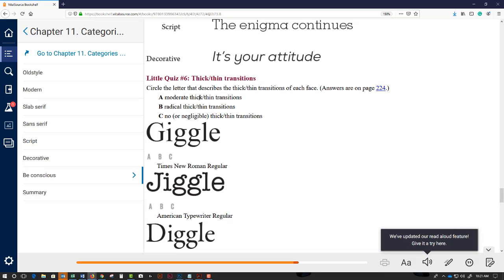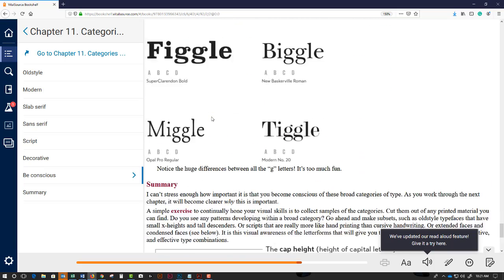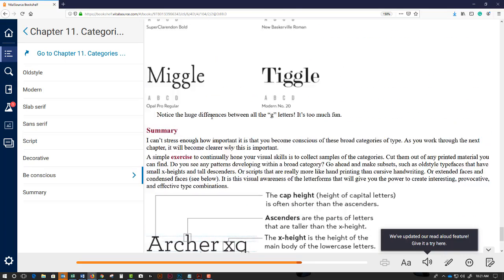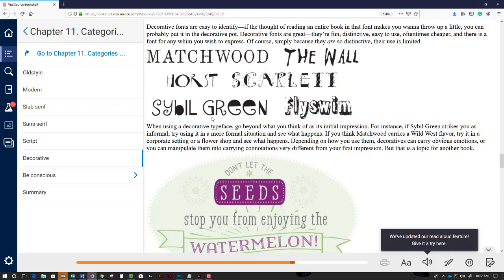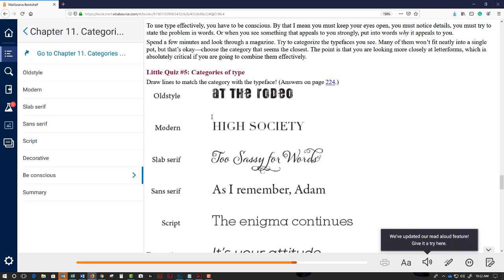Like it says here, moderate, thick to thin, radical, thick to thin, none. So you just look and take that quiz. This will help you out a lot and help you with your descriptions of typefaces. So it helps you to identify them visually and even categorize them. So I hope that you found this helpful.